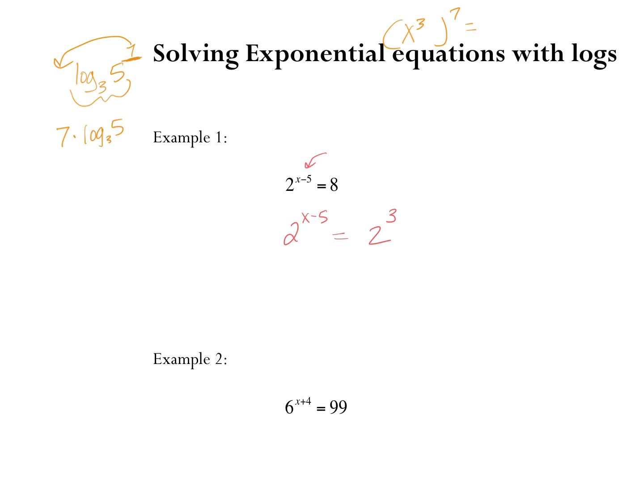So now, what value for x makes this a true statement? Whatever x minus 5 is equal to, what does x minus 5 have to equal? 3. Right? As long as these two bases match each other, we can do this. That's the easiest way to do it. If I give you x minus 5 equals 3, we get x equals 8.